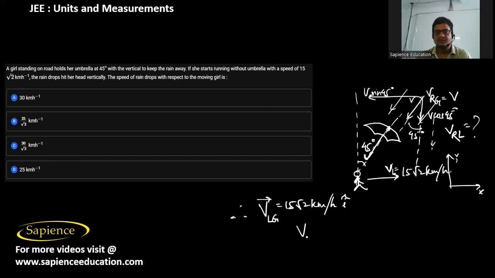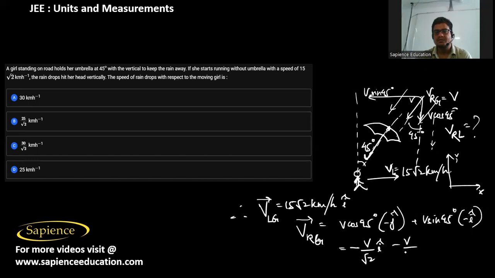So then, the velocity of the raindrops with respect to the ground is V cos 45 minus j cap plus V sin 45 minus i cap, which is equal to minus V by root 2 i cap minus V by root 2 j cap. Now, the raindrops are falling vertically when she is running without umbrella.